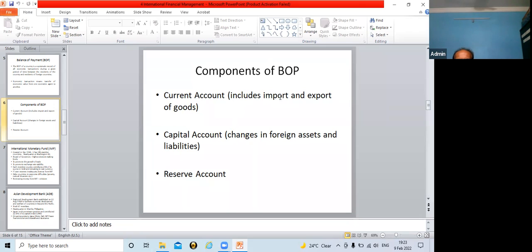I will not say we have come to a surplus BOP, but we have minimized the deficit BOP. Prior to 2004 there was a huge deficit BOP, but in 2004-5 the amount was reduced substantially, and that effect is just because of the current account export of software services. This was the reason.